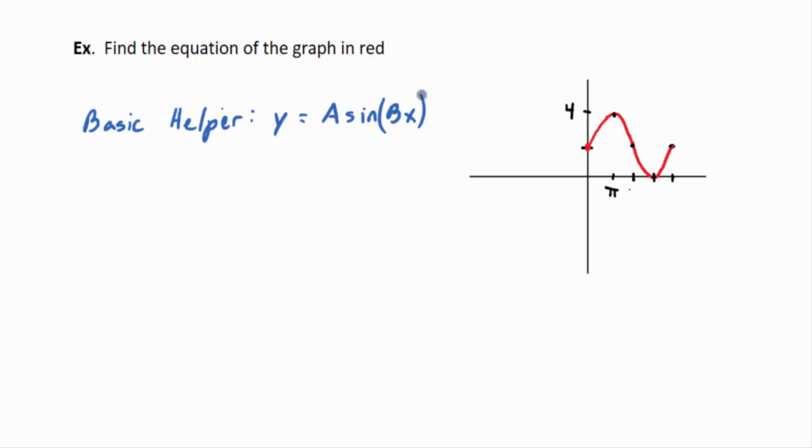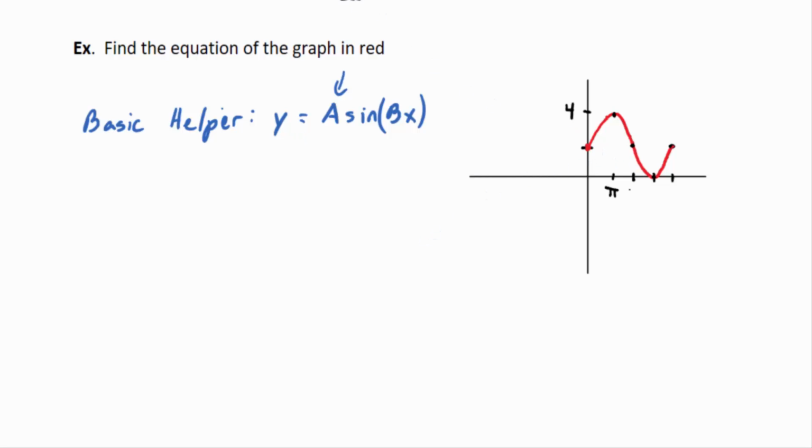So let's take a look at this graph. What does it appear as though the a would have to be based on the height, not just the height of the graph, but how high it extends basically from the middle of the graph on up? What does it appear that the value of a is?